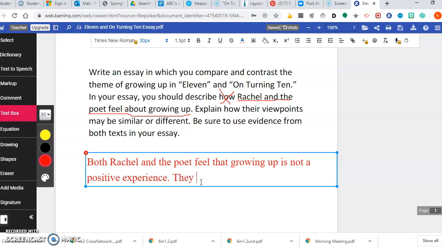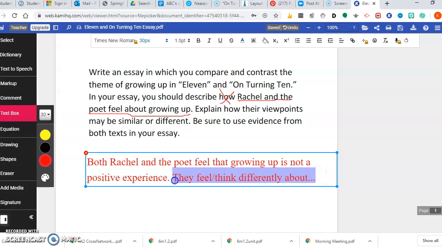They feel or think differently about blank, okay? Or you might also say in this part, they feel differently or think differently about blank.